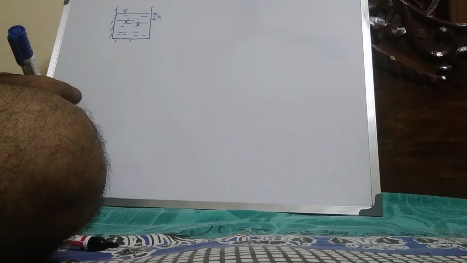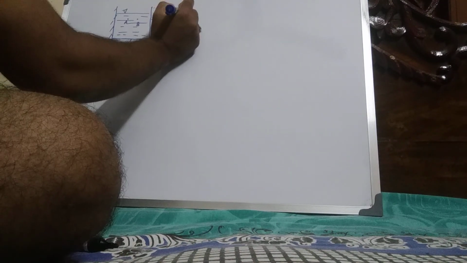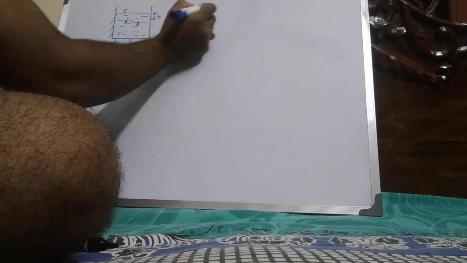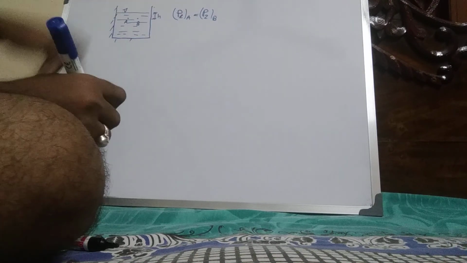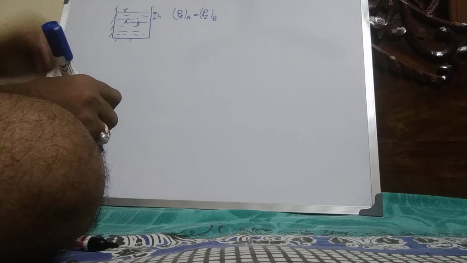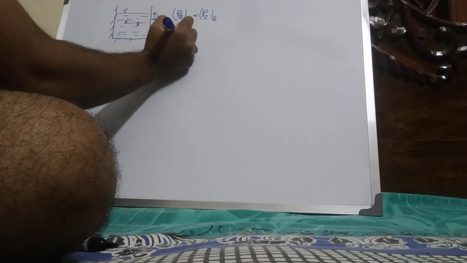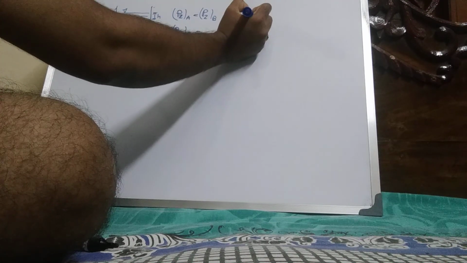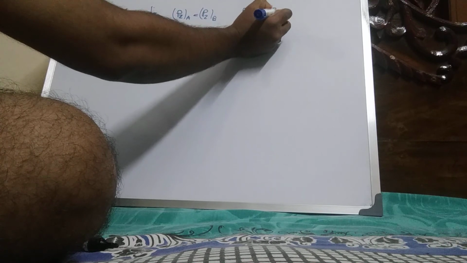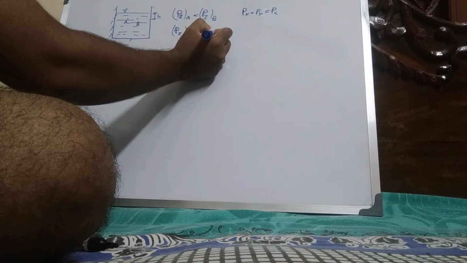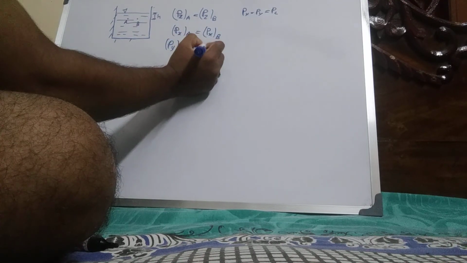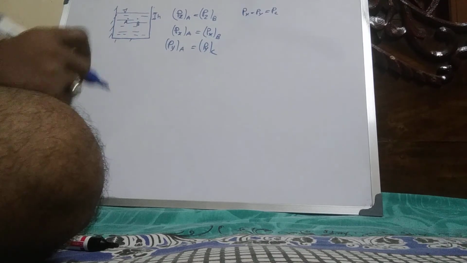In that case the pressure at A equals the pressure at B. So the pressure is the same throughout the plane. Also from Pascal's law, Px, Py, Pz are the same at a point. So at point B, Py, and at point A, Py. Understand?